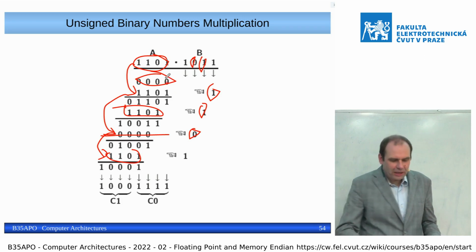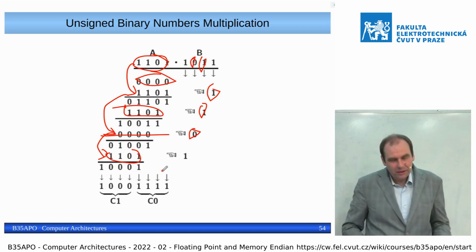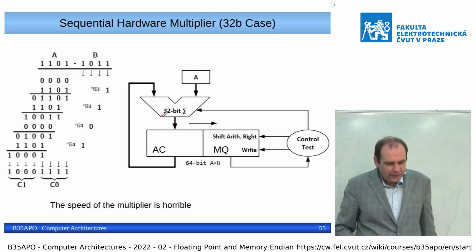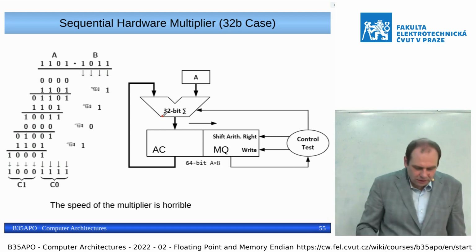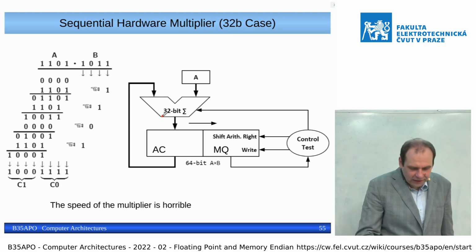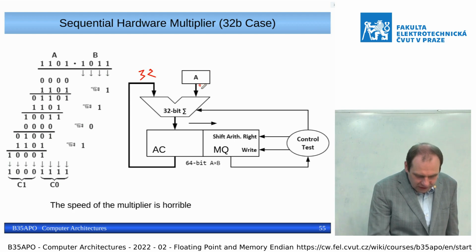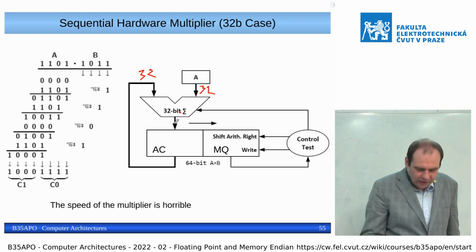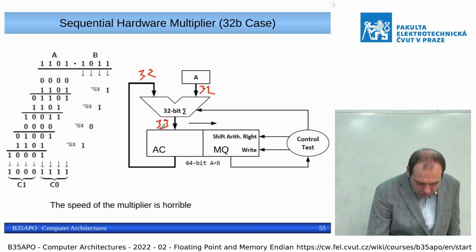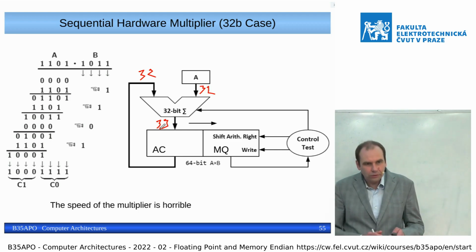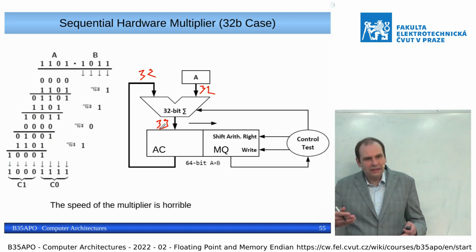But what is complex is providing a sum of those individual partial results. We can build a logic which does a sequential multiplication in this case. So if it is 32-bit by 32-bit, then we have 32 bits here, 32 bits here, and in fact this has to be 33 because the sum of two 32-bit values can exceed the range.